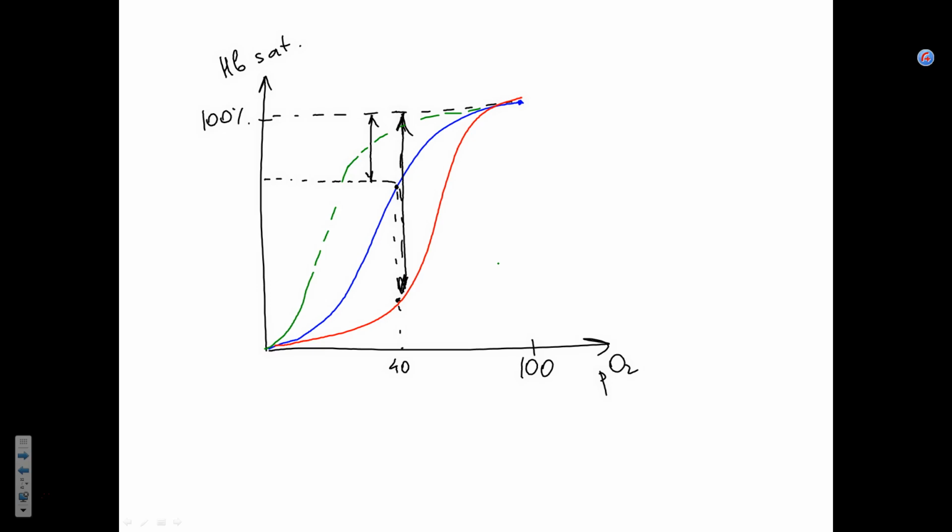The curve is going to be shifted to the left. You see that? It's a convenient way to quickly estimate what happens in terms of the unloading of oxygen at different conditions. Does that make sense to you? That is the explanation for why right shift corresponds to higher unloading.